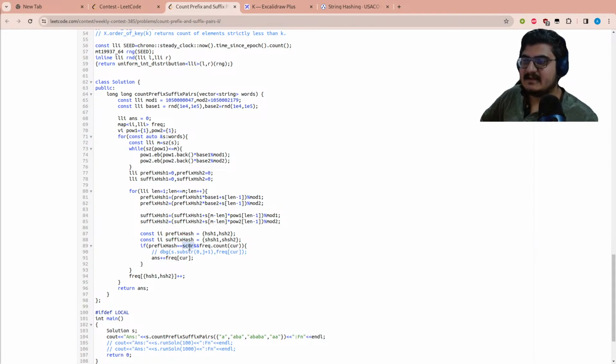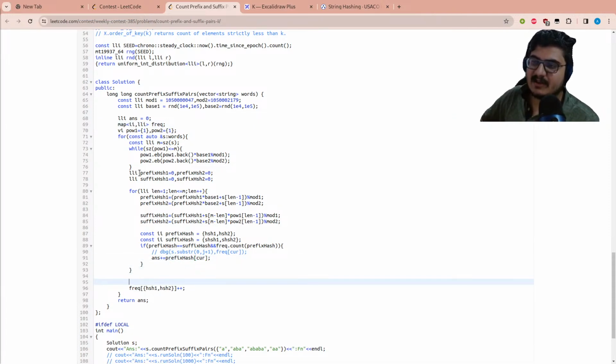If prefix and suffix hash match and this number is also in the hash of all the strings you are maintaining, you should add it to the count. When you are done with this algorithm, you will have a prefix hash and suffix hash, which you can call string hash. And you keep repeating over here.